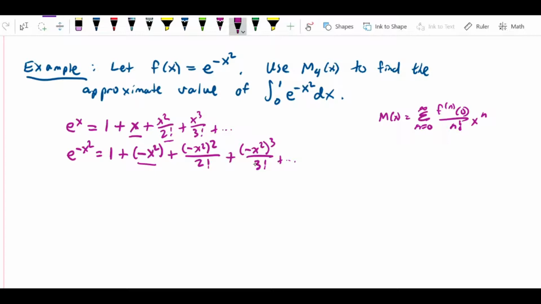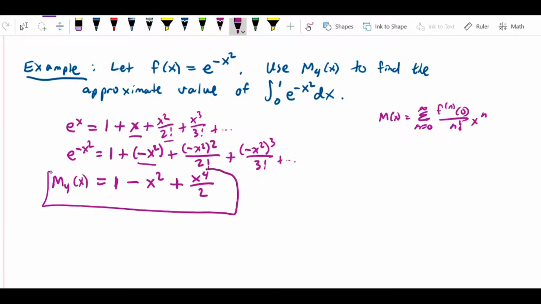So let's simplify this. This is going to equal 1 minus x squared. Negative x squared squared, since I'm squaring that minus sign, is going to turn it positive, so that's going to be x to the 4th over 2 factorial, which is just 2. And since I'm only being asked for M4, I can just stop there. I can just say M4 of x is equal to that.